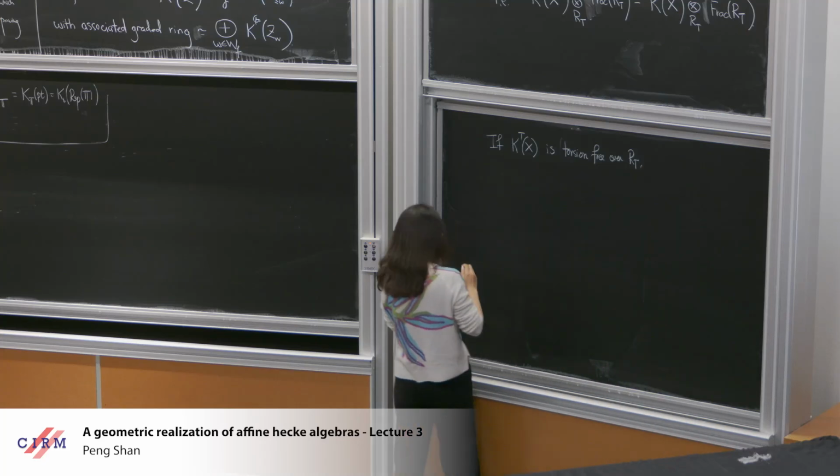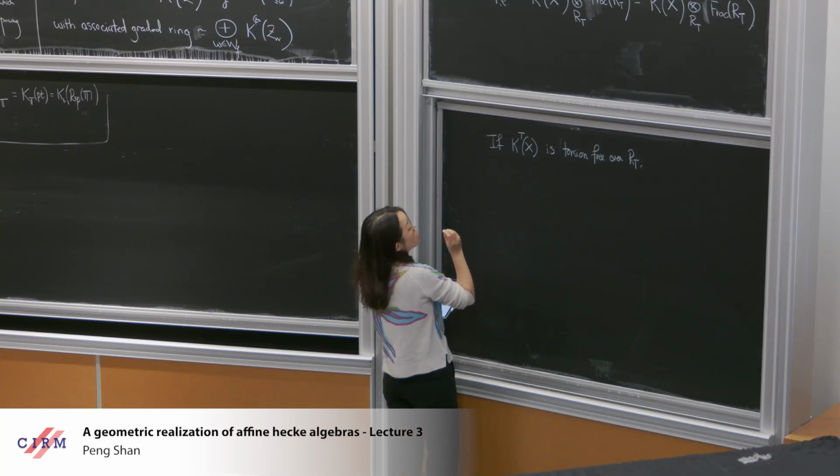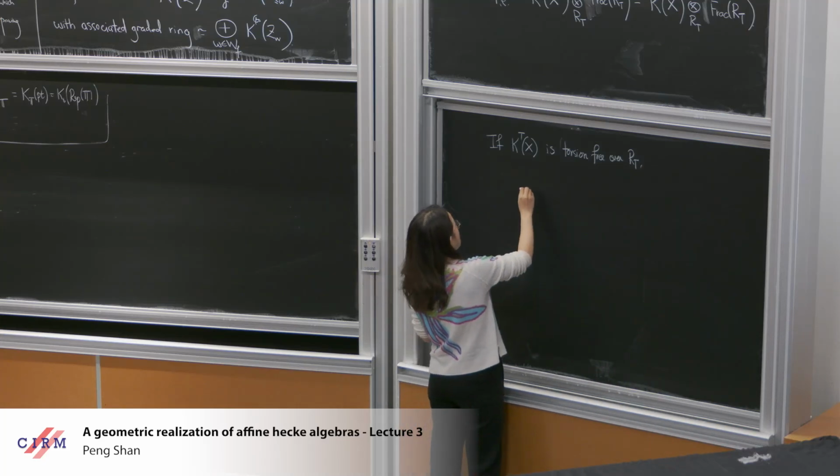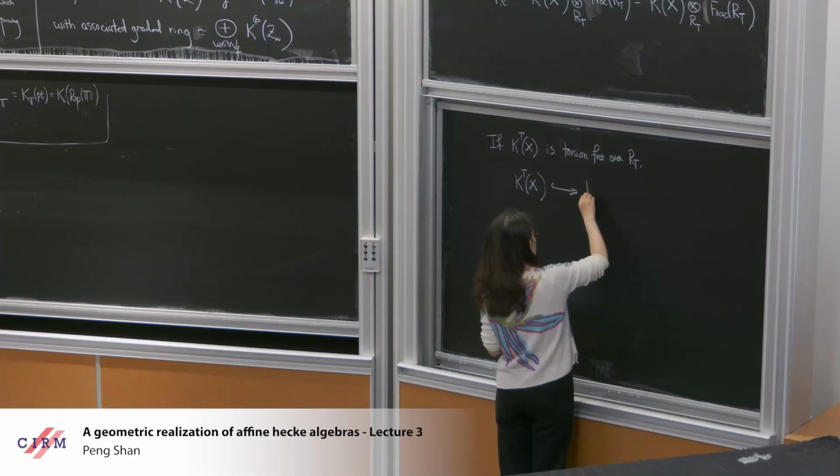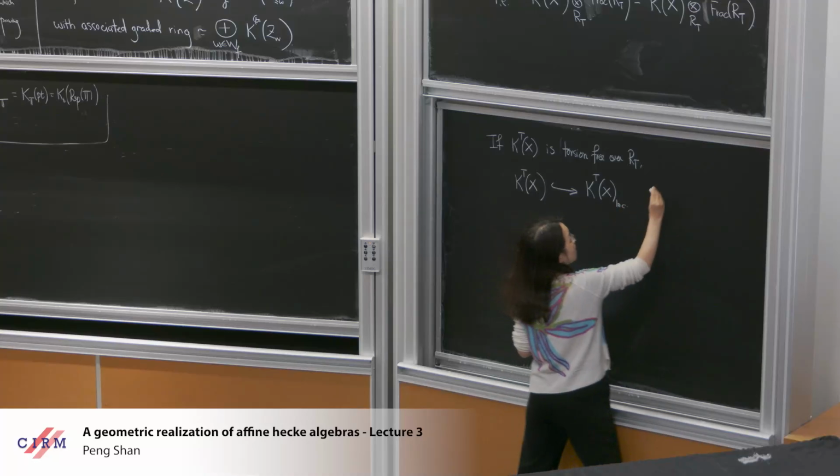So then we have K_T of X embedded into K_T of X localized.